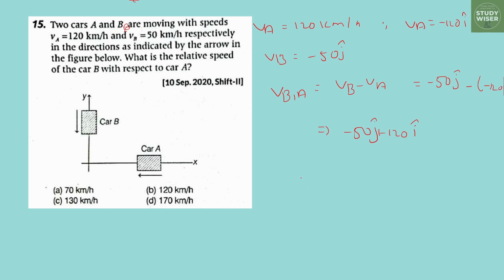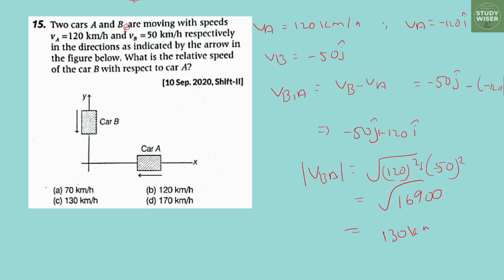In magnitude తీస్తే 120 square plus 50 square, that is 144 plus 25, 169, 130 km/h. C is the correct answer.